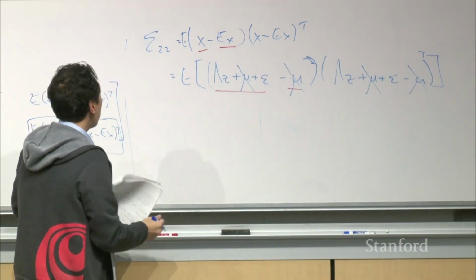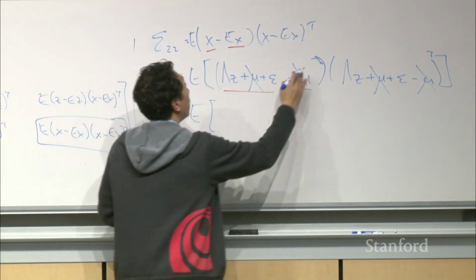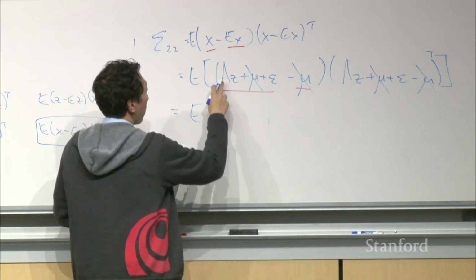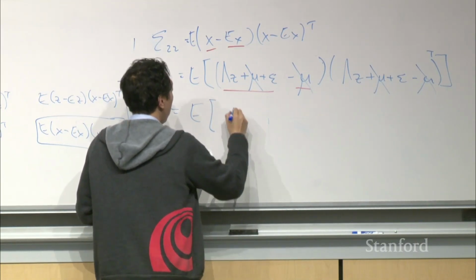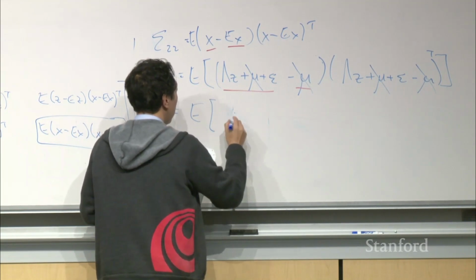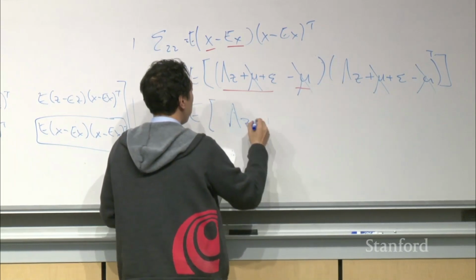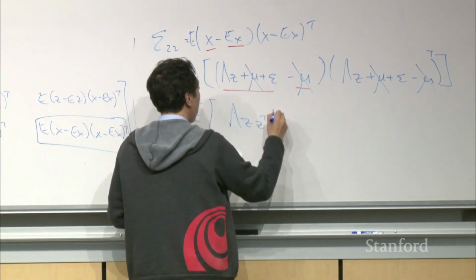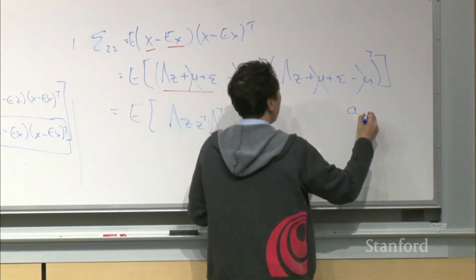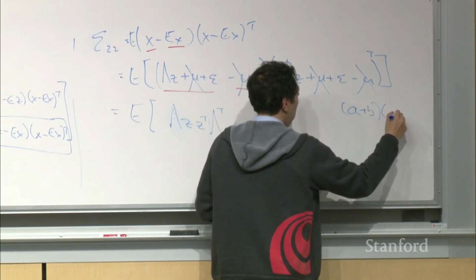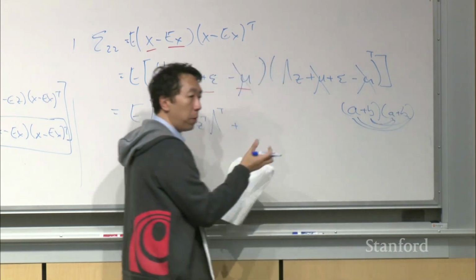Then if you do the quadratic expansion, it's like (a plus b) times (a plus b): a times a plus b, b times a plus b. You get four terms as a result.